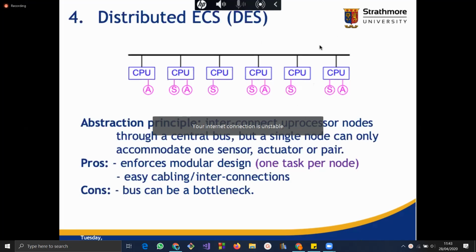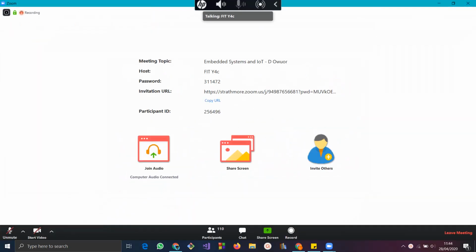I see I have a question here about the last point on one actuator, one sensor. For the distributed, let me repeat. It means one node. Let me try to draw it so that I give the options.